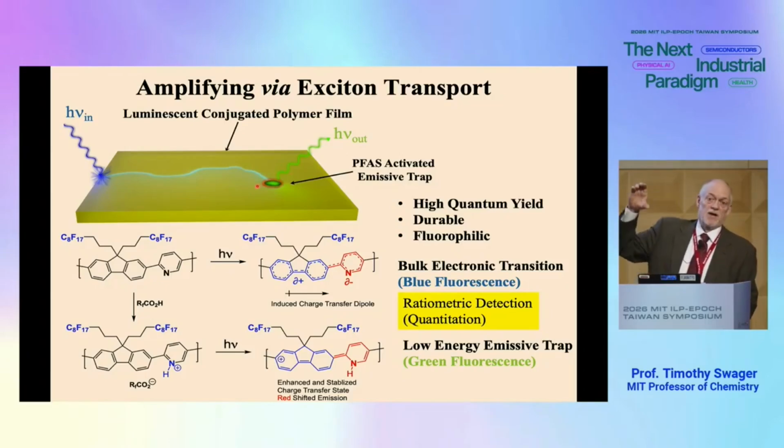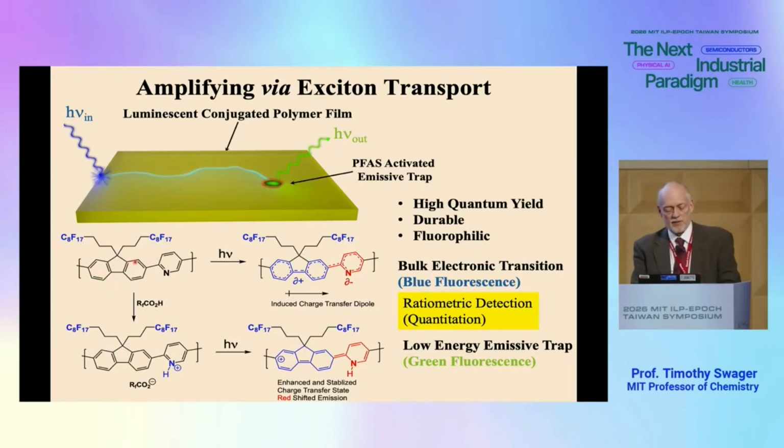We're going to create that new emitter with the PFAS, and we make use of a charge transfer type transition in these materials. So in this case, we use a material that has fluorocarbons in it, so it's a sponge. It selectively absorbs PFAS. It does not react with any organic acids.